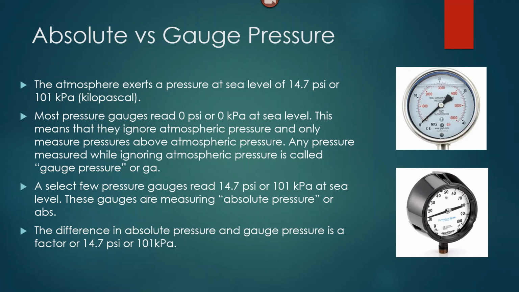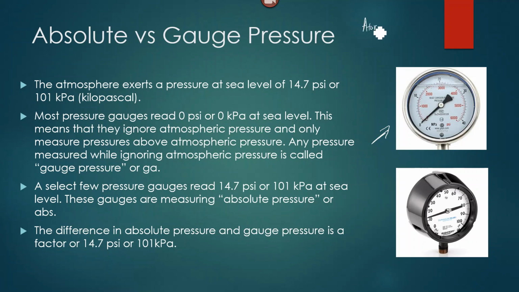Gauge pressure is a pressure that ignores the fact that we have atmospheric pressure all around us. Basically, when we're sitting in our classroom, when we're walking outside, we are experiencing a pressure at all times. And that pressure is atmospheric pressure.